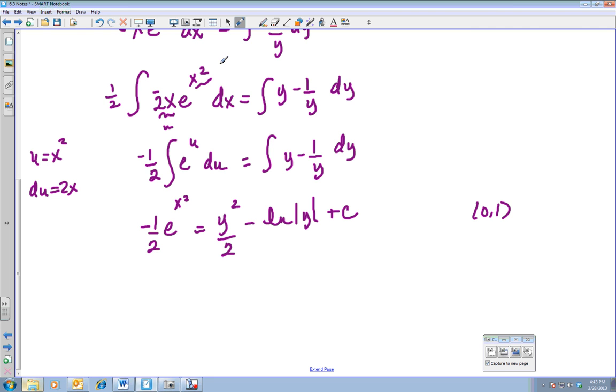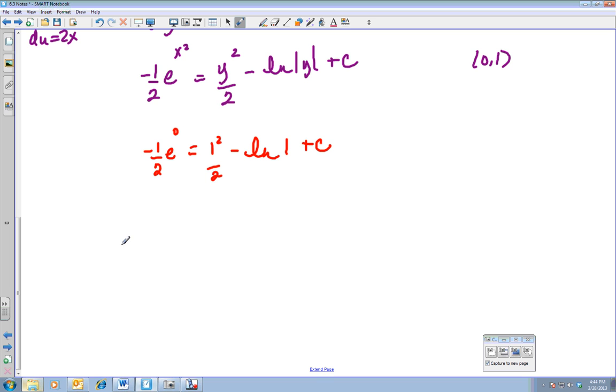All right, so now let me change my pen. I'm plugging in my point. So I have negative 1 half e to the x squared, but my x is 0. My y is 1 minus natural log of 1 plus c. And we're solving for c. So e to the 0 is 1, so I have negative 1 half equals 1 half minus 0, but natural log of 1 is 0, plus c. So we know c is equal to negative 1.